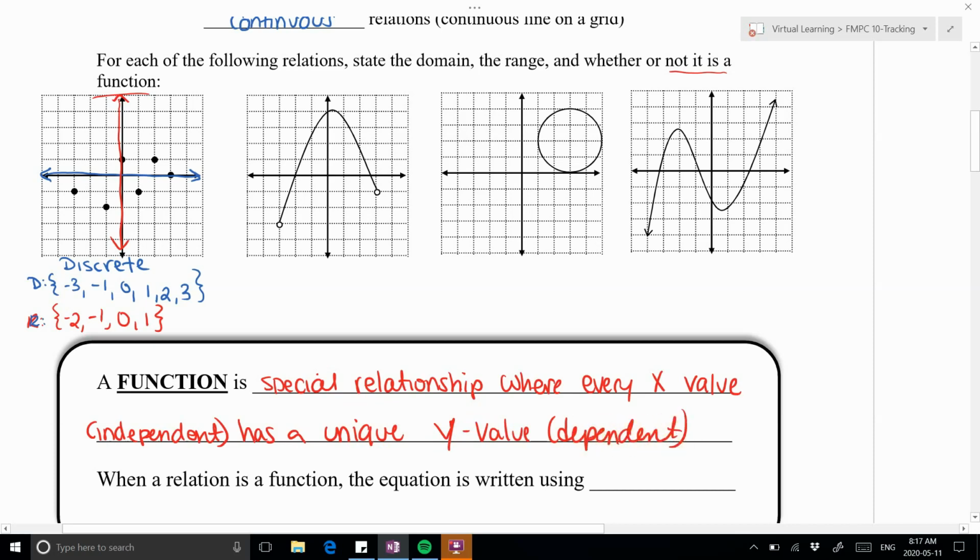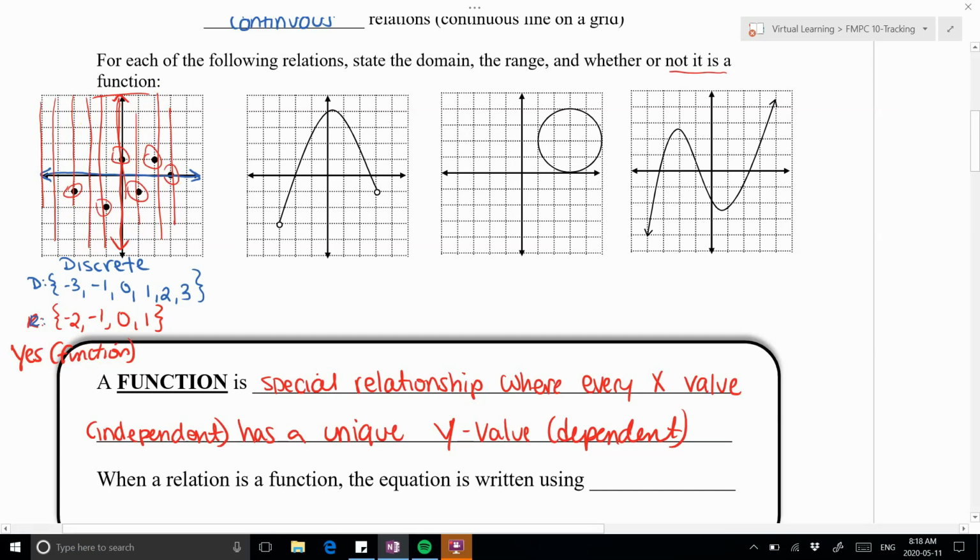So if I put 2 in for x, there's only going to be 1 point that falls on x is 2. So one of the things I can do here is what's called that vertical line test, right? So where if I do vertical lines, so a line at every x value, there will only be 1 point. So for this graph, that's true, right? There's only 1 point on each line, and so this is a function.